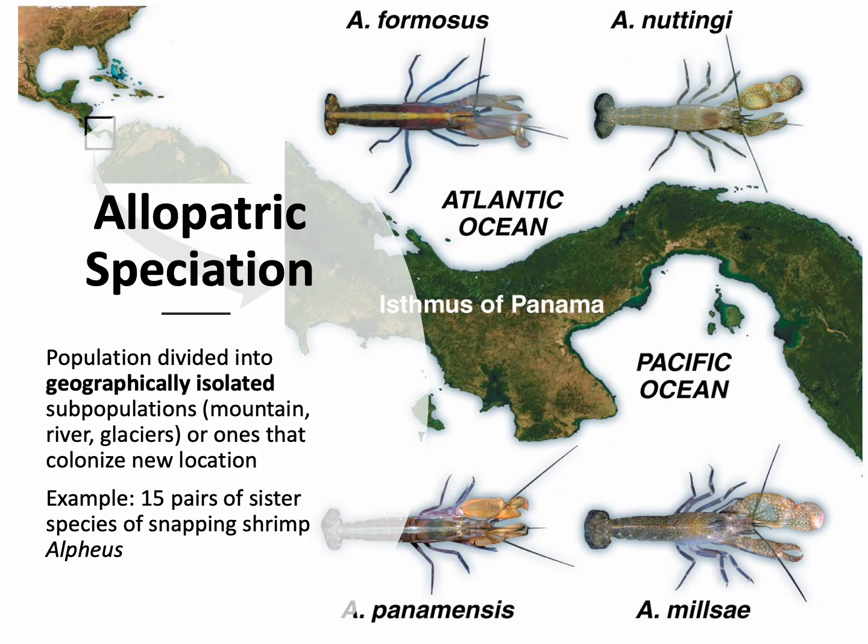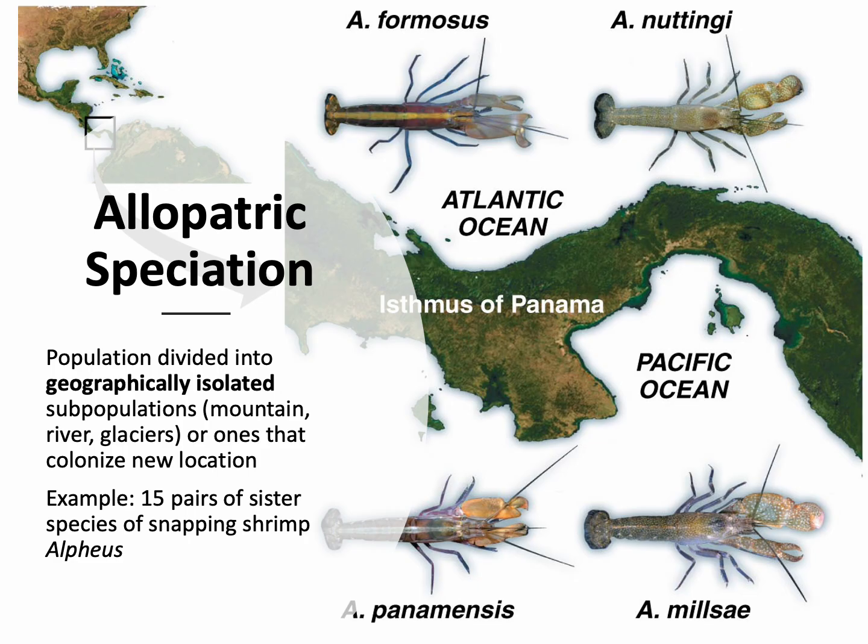And a great example of this is actually the snapping shrimp of the genus Alpheus. And here you have basically 30 or so shrimp, 15 on either side, that form pairs. So you had a species that got separated in two, and they started diverging. When you look at the ones found in the Atlantic, there are 15 or so species of these snapping shrimp.